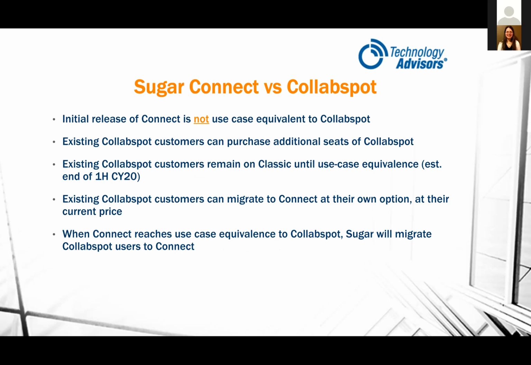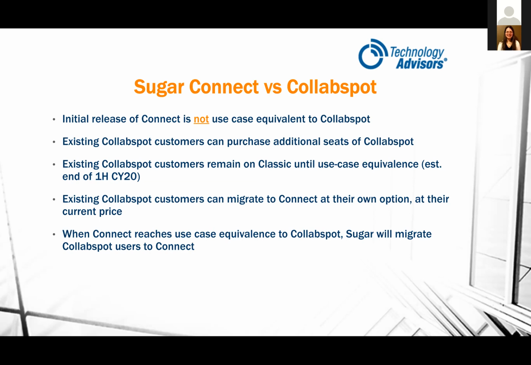Obviously Sugar bought Collabspot, so this is the next iteration of Collabspot becoming Sugar Connect. Right now, Sugar Connect is not equivalent to Collabspot. So if someone already has Collabspot, they can continue to use Collabspot, and they can even purchase additional seats of it.